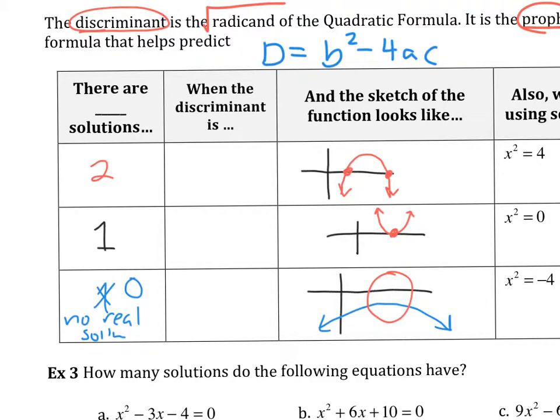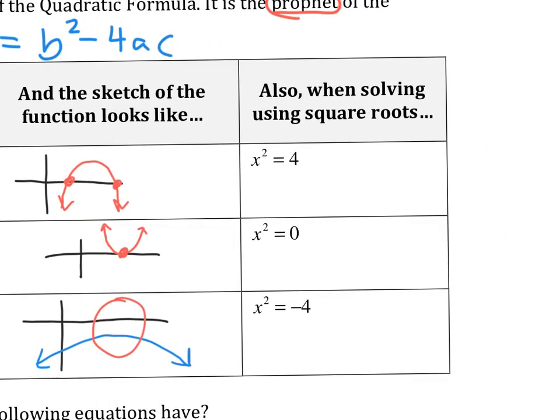So let's talk about one other place we might see it, which is using square roots. And this will bring us right into the discriminant here. Notice that if I were to solve for x in this first problem, I would take the square root of both sides, and I would get plus or minus 2.